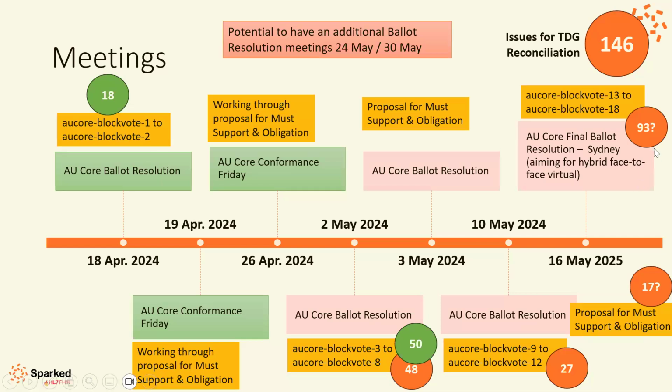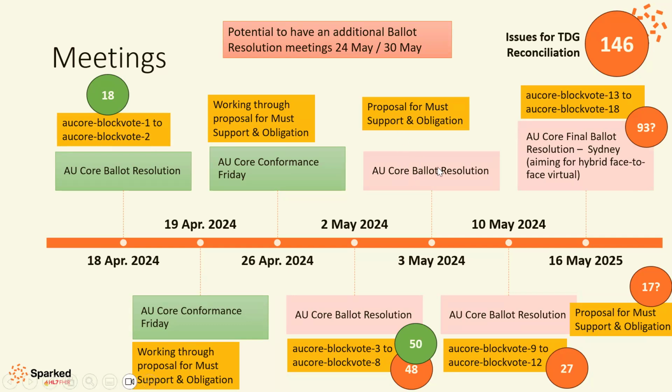That leaves us with somewhere around 93 issues to go through. We did have scheduled May 16 as our final resolution meeting. We're still going to aim for that, but we might need to have an additional meeting or two the next week to get through whatever is remaining.